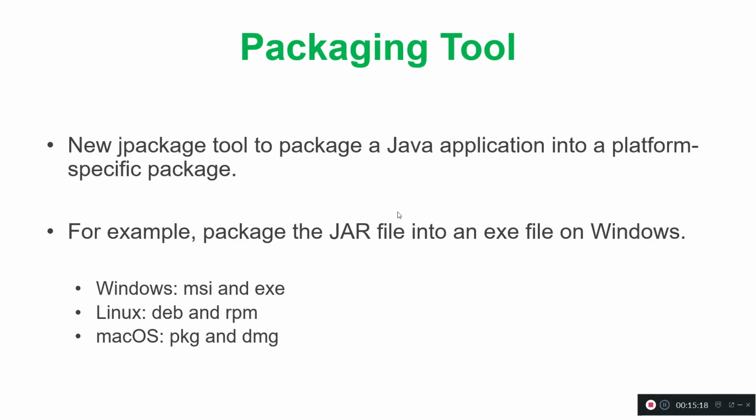So the packaging tool provides a way, giving the command line utility jpackage. By using jpackage, we can create an exe file for Windows from the jar file. From an executable jar, we can create an exe file so that our application can be installed inside Windows.